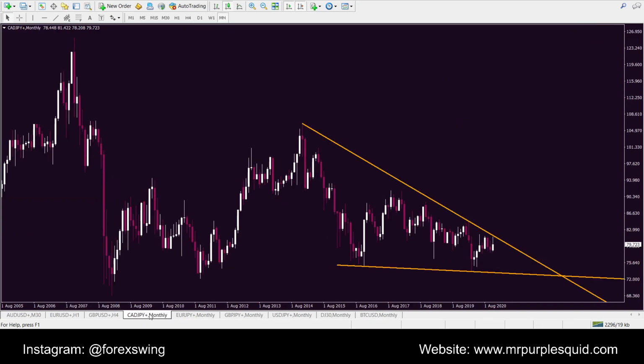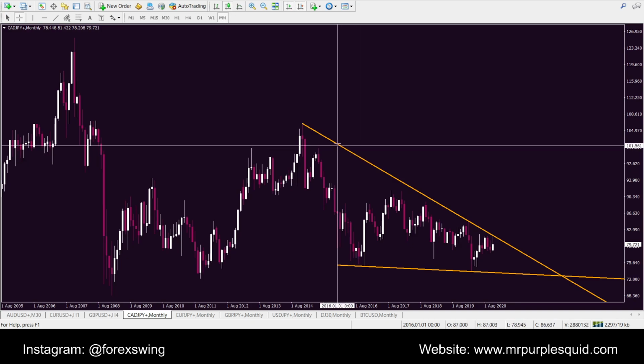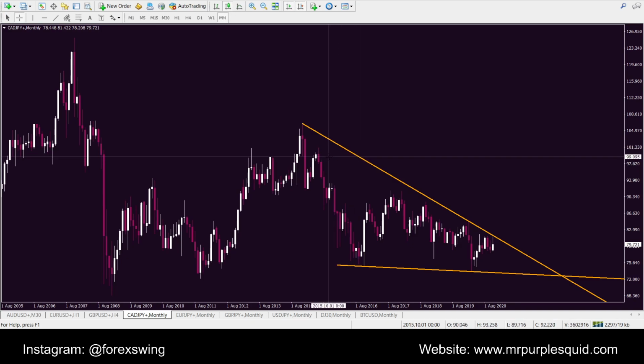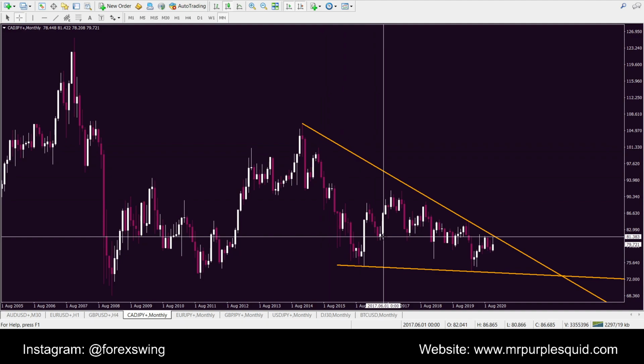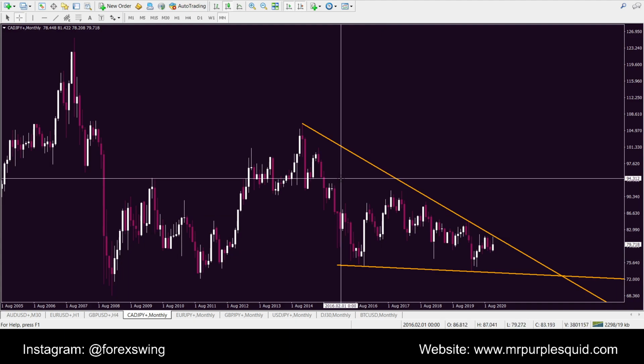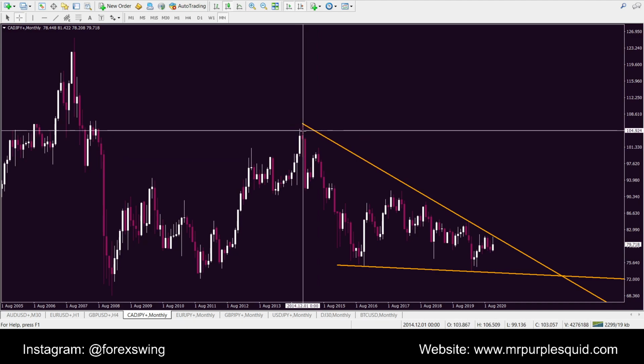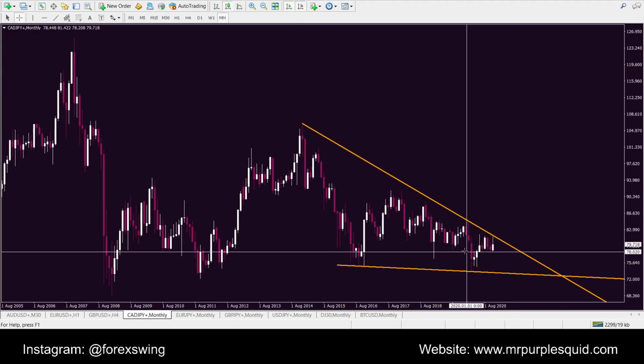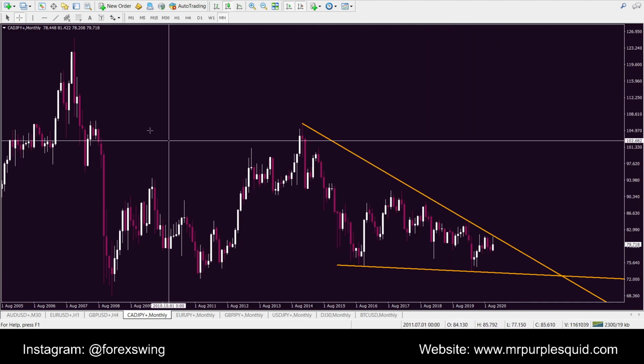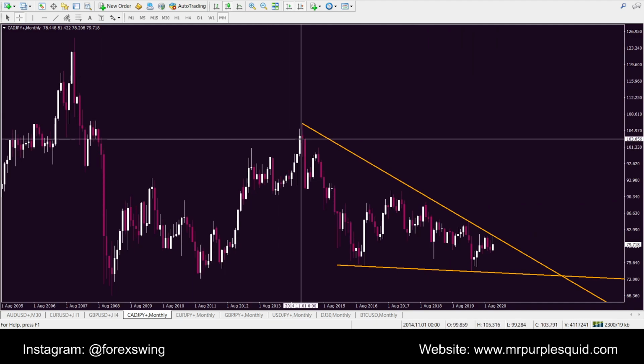Moving on to CJ. CJ, wedge again. So for me, and I know you guys have been taught to look at the history of price and so on. But for me, on a chart like this, CJ monthly, this is the only thing from here down. I don't care about anything beyond this point.